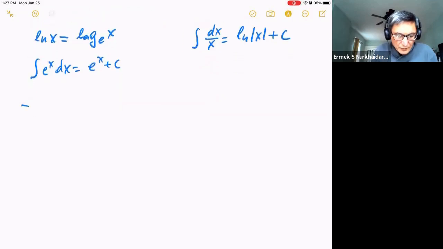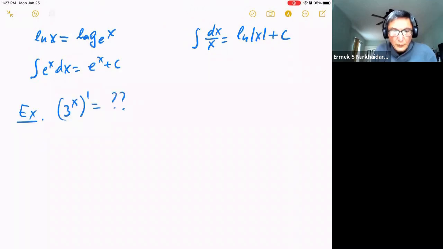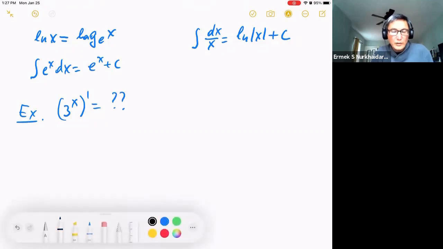As the first comment, if I want to find the antiderivative of 3 to x, let me try to address that situation. I'm going to use the property that natural log is the inverse function of e to x.